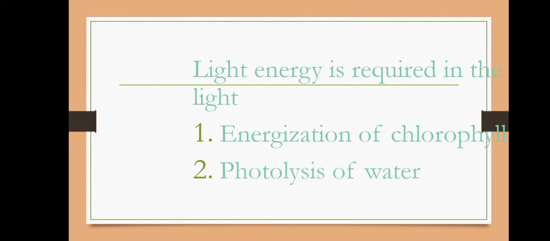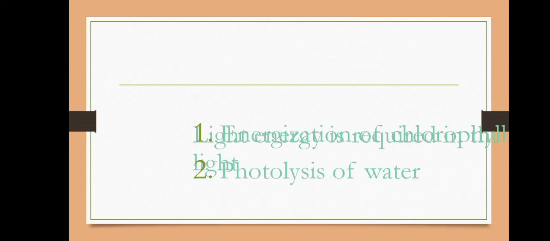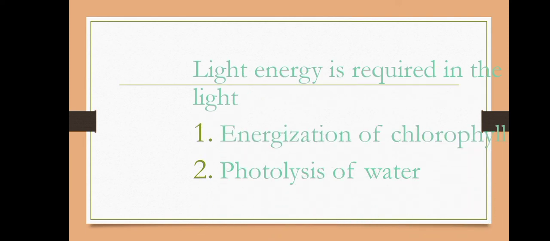The step 2 is the photolysis of water. Here, the energized chlorophyll supplies the energy, that is the sunlight energy, that splits the water molecules into hydrogen ion, H+, and hydroxyl ion, OH-. This is called photolysis of water.